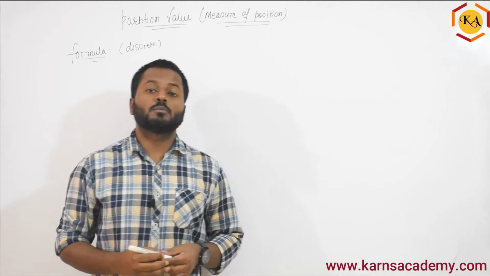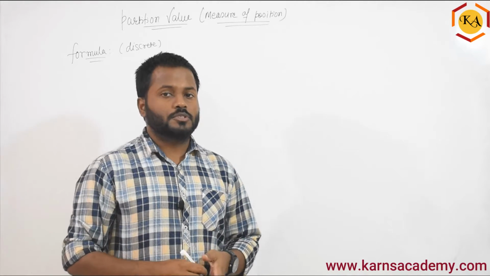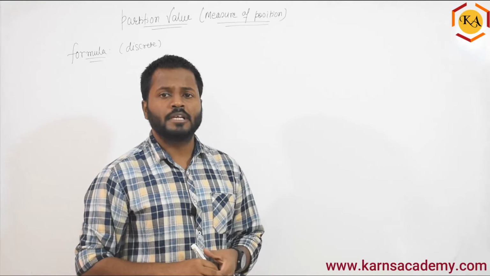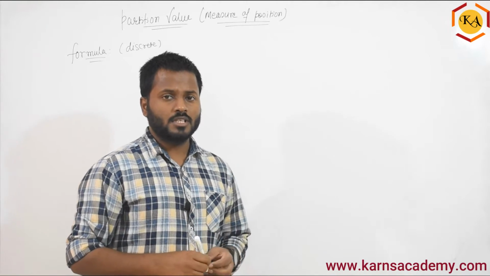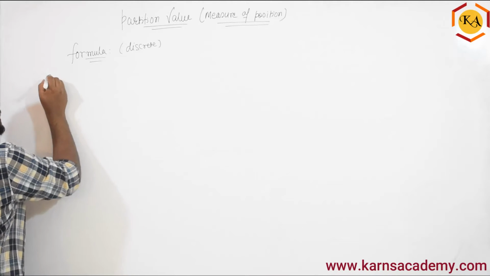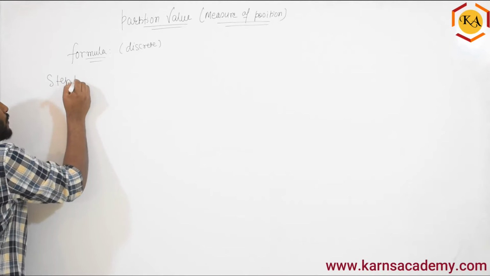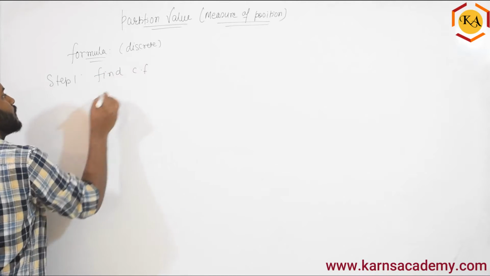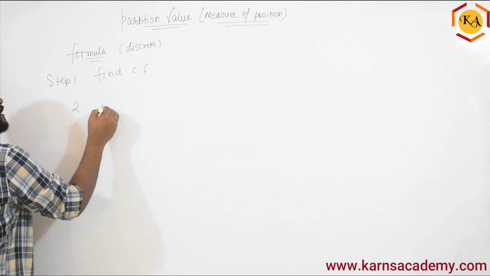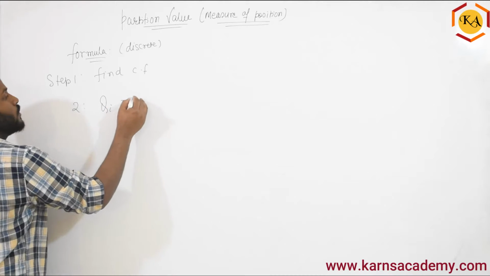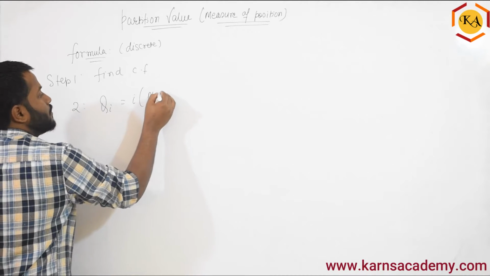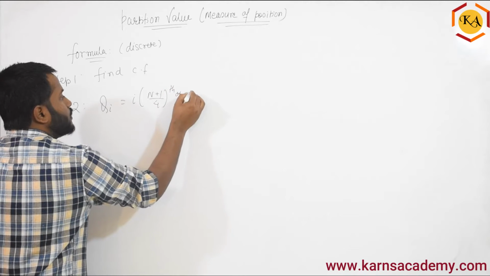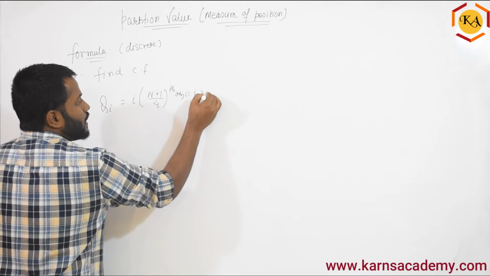Next, let's talk about the discrete data. How do we solve quartile, percentile and decile? Again, same thing, same method like the median. The first thing you will do is, what is step 1 in the median? I hope all of you remember. Find cumulative frequency. And step 2 will be, if it is Qi, you are going to find i into n plus 1 by 4th observation, and i is equal to 1, 2 and 3.